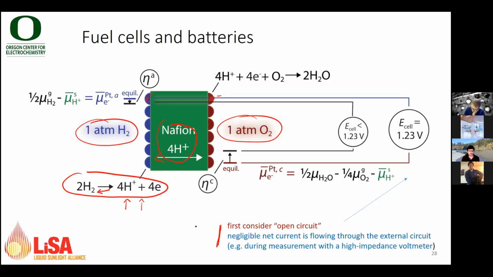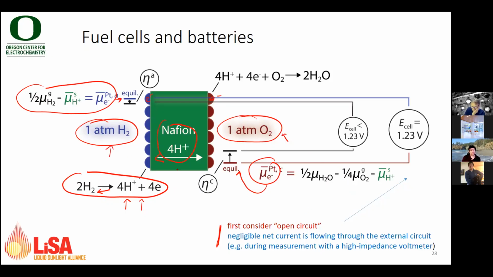How would I write that in terms of the other species? Balance this, right? And it's right here, in fact. So that's the electrochemical potential of the electrons in the platinum. And then I can also write the electrochemical potential of the electrons at the cathode, right? That's consuming oxygen, or if it was an electrolyzer, generating oxygen. Okay, and this of course requires that you have one atmosphere present.